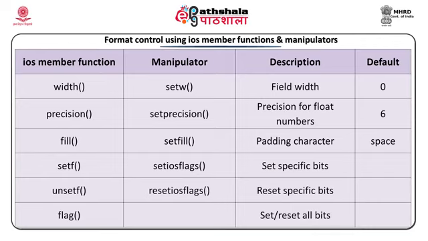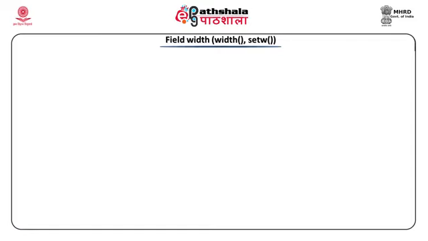Similarly, to set the bits of a format flag, we can use the setf member function or we can use the setiosflags manipulator. To unset, we can use the unsetf member function and we can use the resetiosflags manipulator. In addition, we can use the flags function to get or set all the bits of the flag at a time, and there is no corresponding manipulator. So let us see one by one.